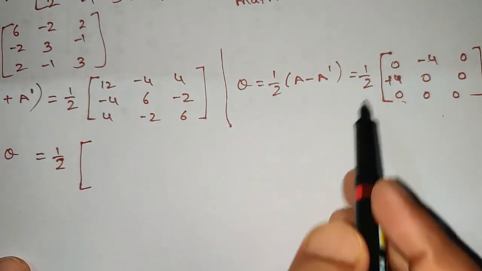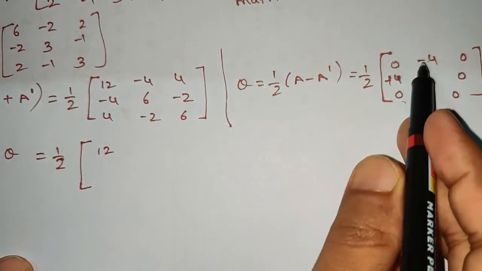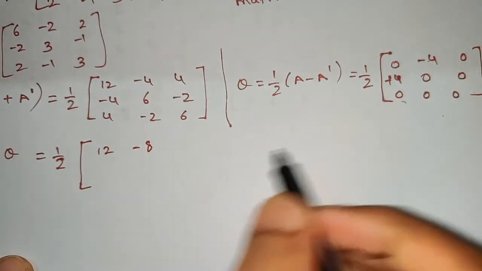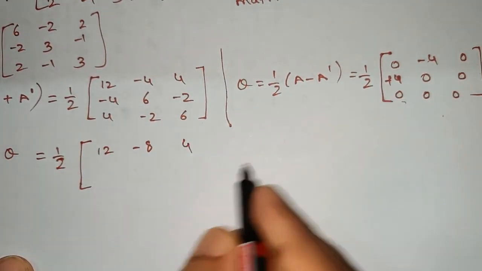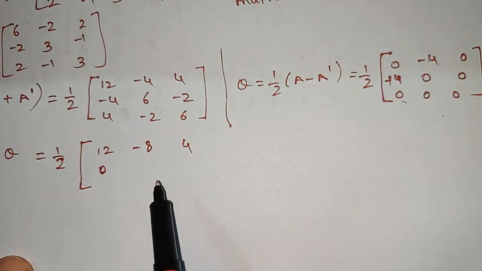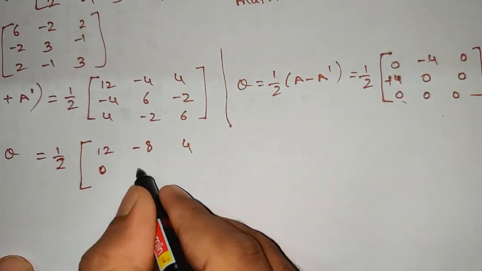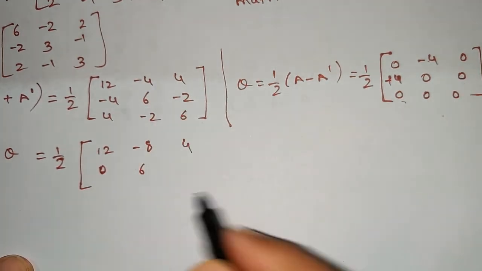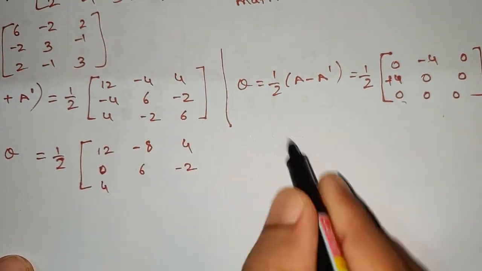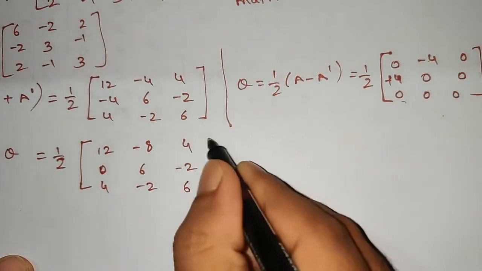So 12 plus 0 is 12, minus 4 plus minus 4 is minus 8. 4 plus 0 is 4, minus 4 plus 4 is 0, yeah, it's 0. 6 plus 0 is 6, minus 2 plus 0 is minus 2, then 4 plus 0 is 4, minus 2 is minus 2, 6 plus 0 is again 6.